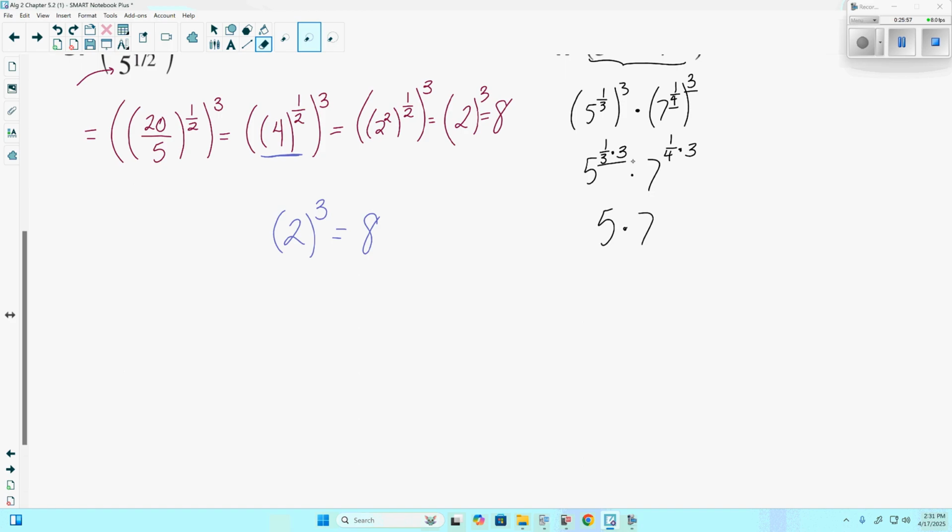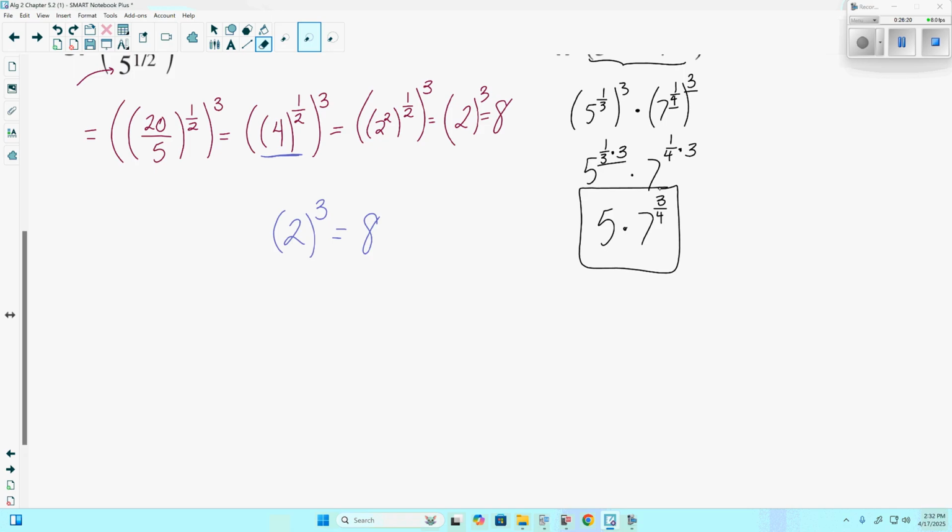And our 1/3 times 3 would give us 3/3, which is 1. We don't have to write it. Our 1/4 times 3 is 3/4. And then we would simplify if needed. Because 7 is a prime number, we can't rewrite it as a number to a power. Nothing we can do there.